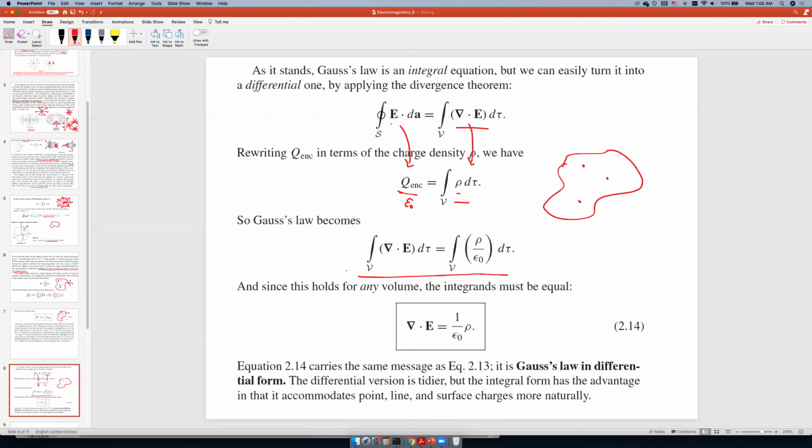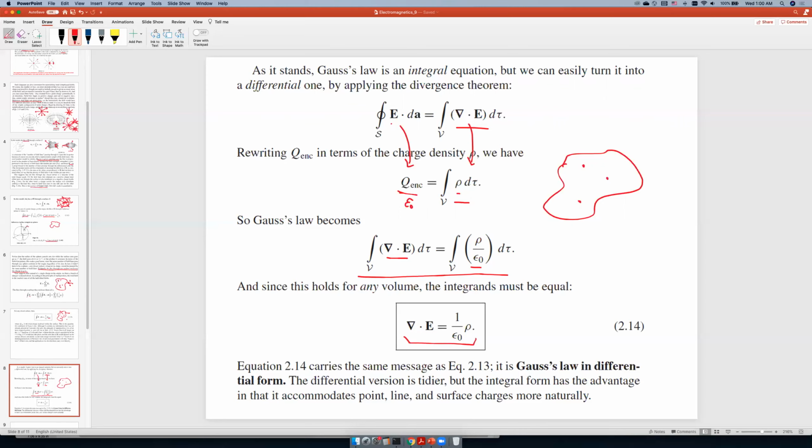So the Gauss law becomes this format, but you can see this is a volume integral. This is another volume integral. This is a volume integral for del dot E. This is a volume integral for rho, which is charge density. And this is true for any volume. So the integrands must be equal. So del dot E must equal rho over epsilon 0.